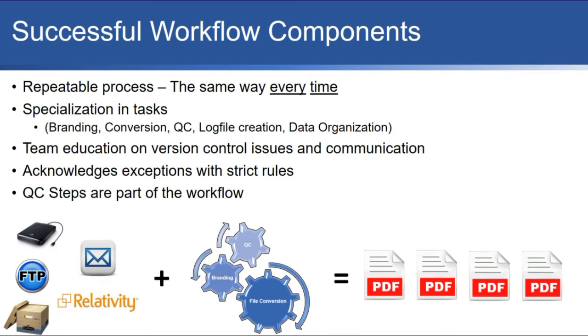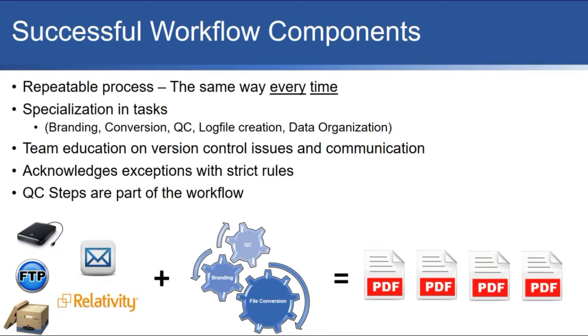You basically, for successful workflow, you want to set up a little factory that churns out exhibits the same way every time. There will be some exhibits that require an inordinate amount of individual attention, so the more time you spend at the beginning perfecting and communicating your process, the better. So what you're trying to do is make a repeatable process that works the same way every time.